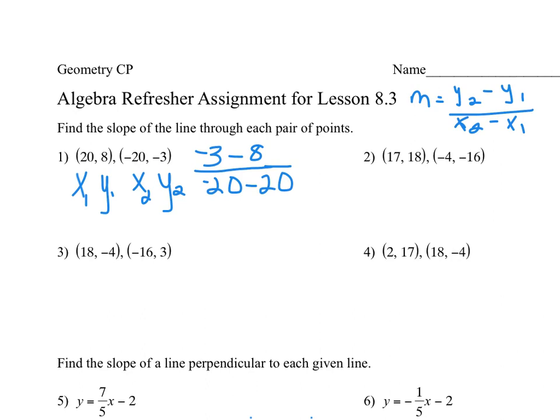So doing some arithmetic on that, we're going to get negative 11 for the numerator, all divided by negative 40 for the denominator, which does simplify, when you have a negative divided by a negative, to simply 11 over 40. So that is our answer for number 1.